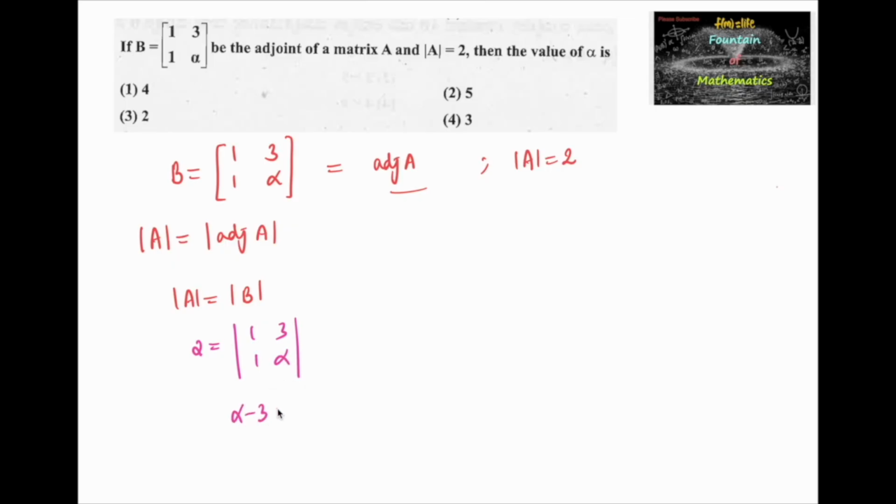So we can write alpha minus 3 is equal to 2. So alpha is equal to 5. So the value of alpha can be taken as 5, which is our option 2.